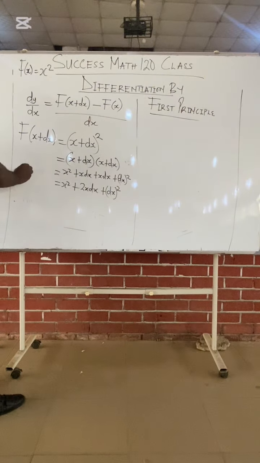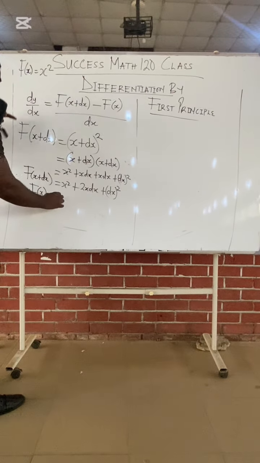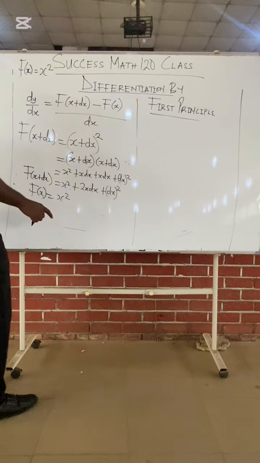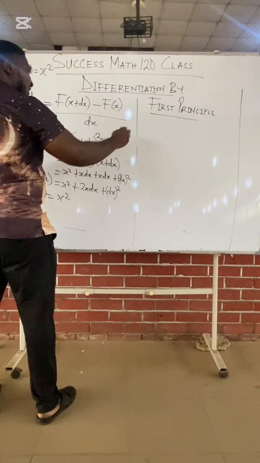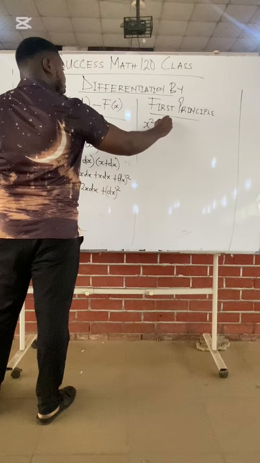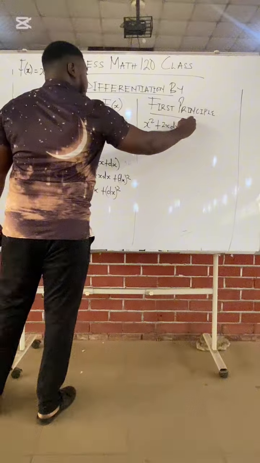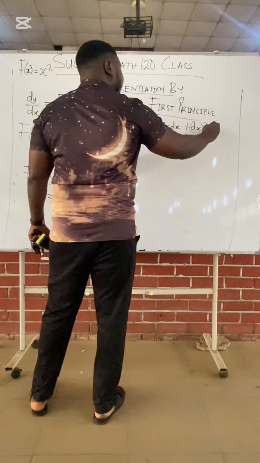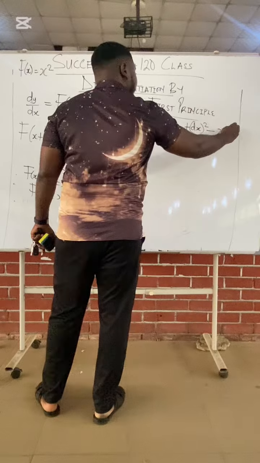So class, I have f of x plus dx, and I have f of x. F of x is what? X squared. I will now apply the formula. The formula says f of x plus dx minus f of x all over dx. Who is f of x plus dx? X squared plus 2x dx plus dx squared, minus f of x. What's f of x? X squared.